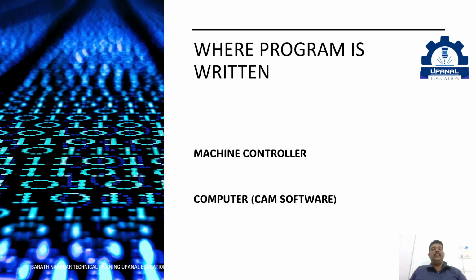Generate the program, and then this program will be transferred to the machine. In the real industry, both methods are used. But for beginners, learning directly on the machine helps you understand better. You write something and see results instantly. The practical connection is very, very important.